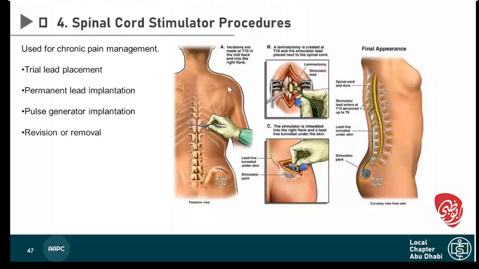So in this, the pulse generator will evoke electrode signals, and these signals help in treating the pain. Okay, this is SCS procedures.